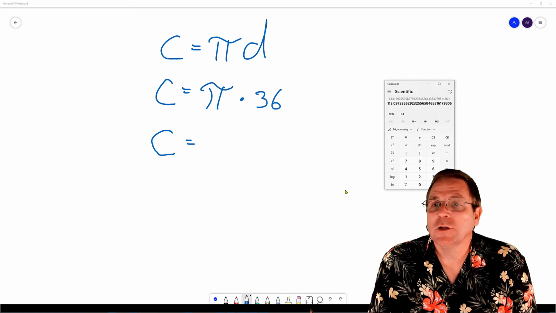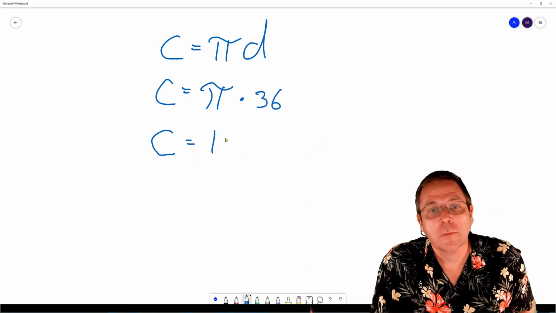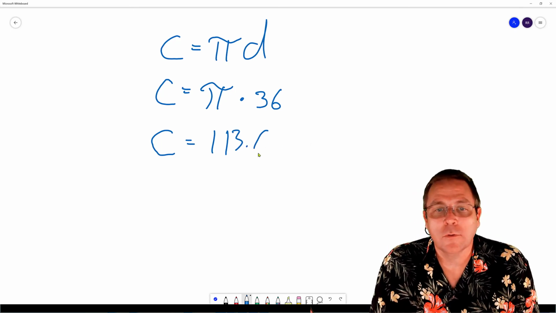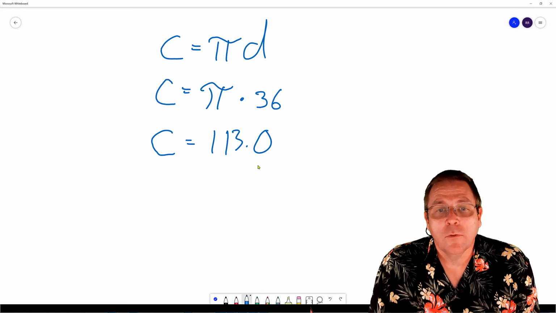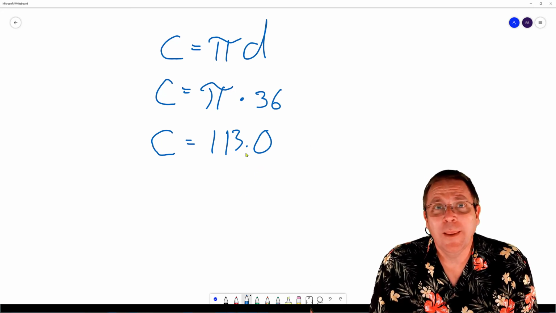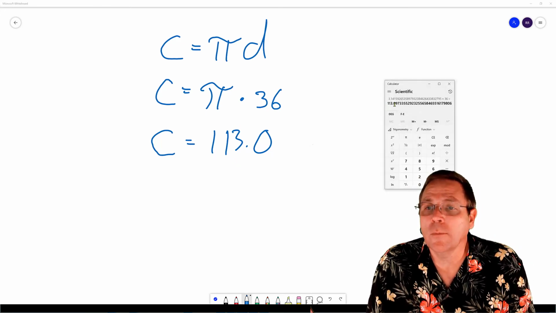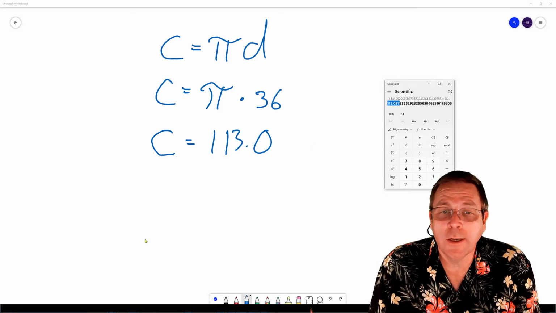So I'm just going to truncate that to be 113.0. Okay, now 113.0 or 113, that's going to be the bottom side of what that should have been, because if you notice our number right here, that number is bigger than 113.